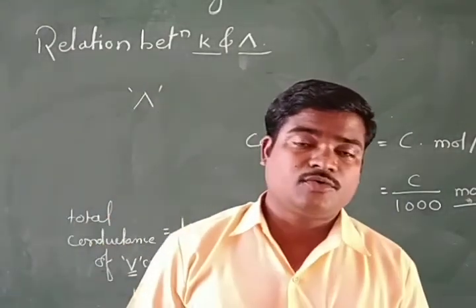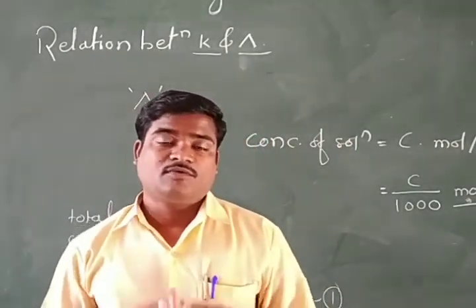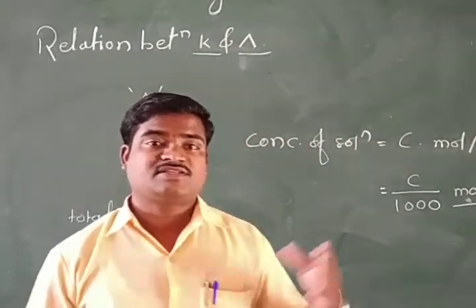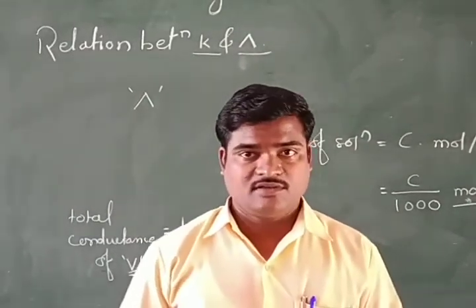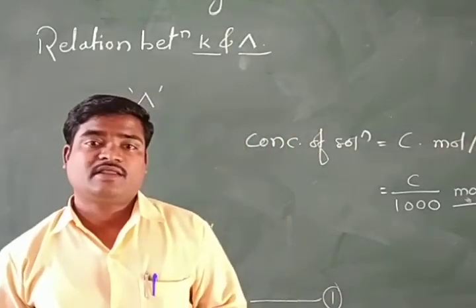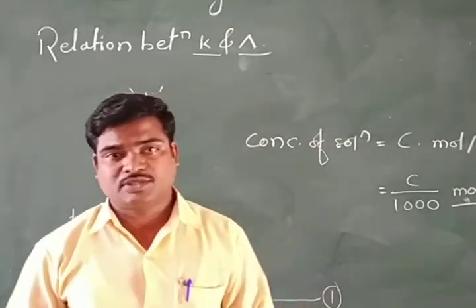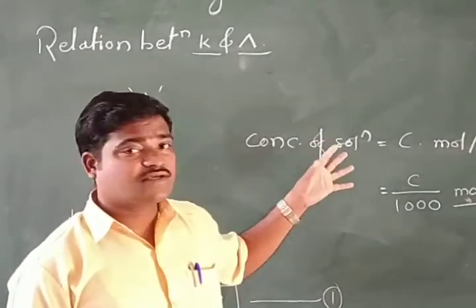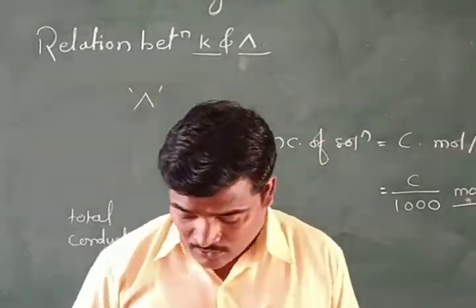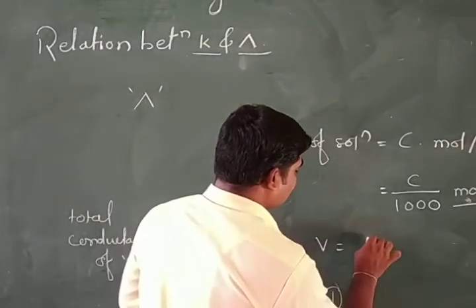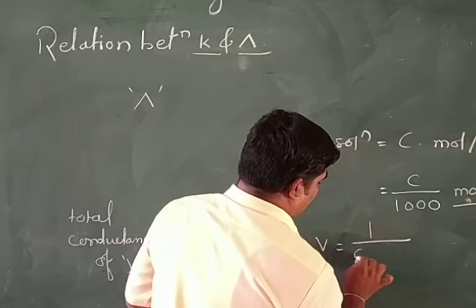And students, all of you know that the volume is the reciprocal of the concentration, or concentration is the reciprocal of the volume. Both are inversely proportional to each other. So we can modify this equation: V is equal to 1 upon concentration.